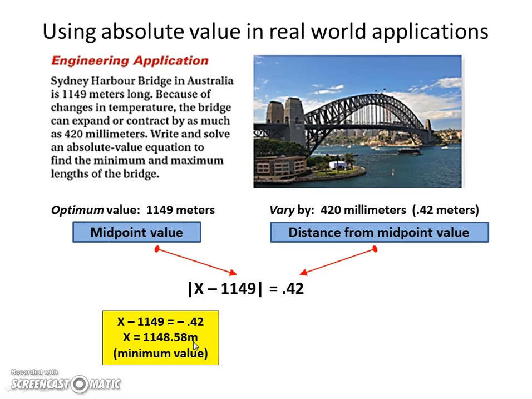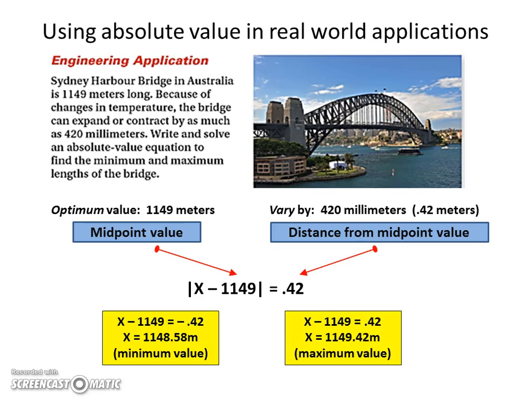If we're going the opposite direction to the right, in other words, we're making it bigger, we're allowing it to expand a little bit, then we're going to add that 0.42. So it's going to give us 1,149.42 meters. Not a lot of space, but we have to let the bridge, quote unquote, breathe. Okay, temperature changes make things expand or contract. And that's what's happening here.